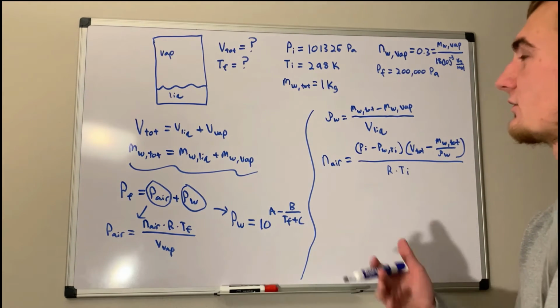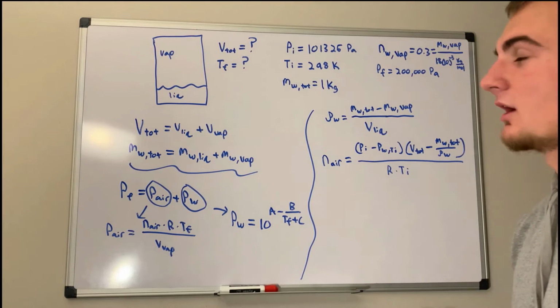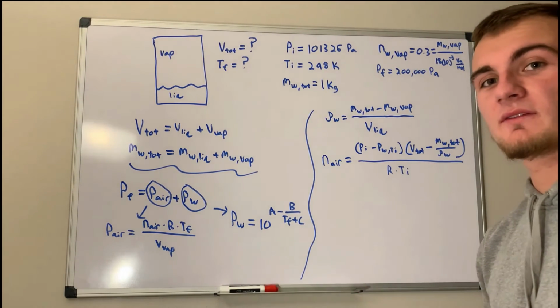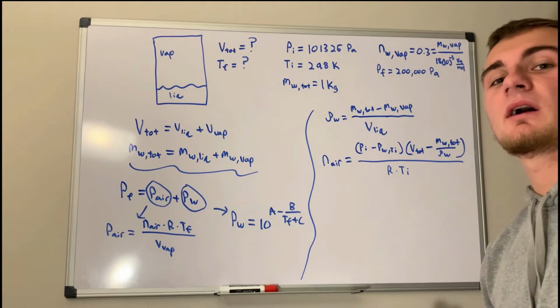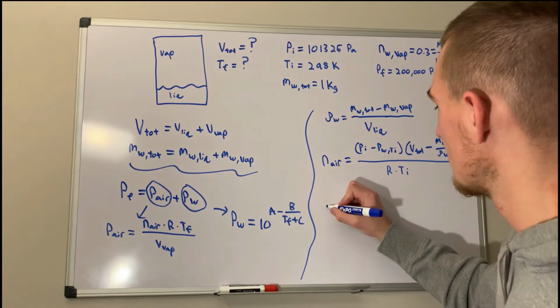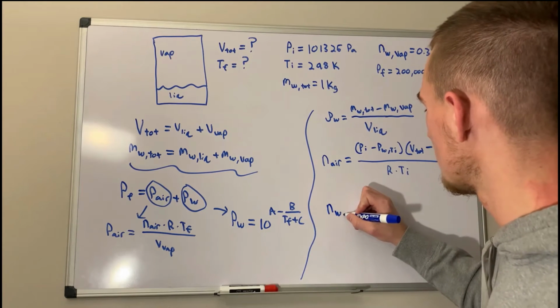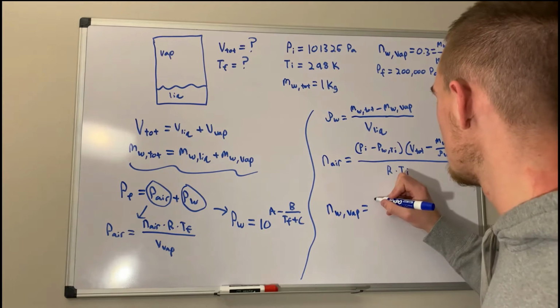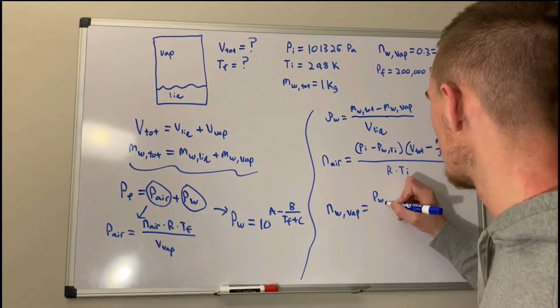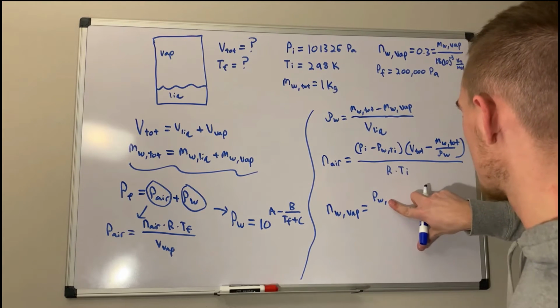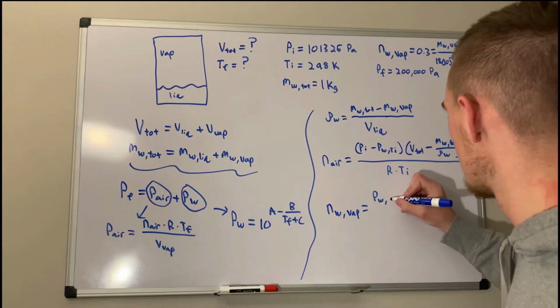Now the last relationship that I will show here involves this number of moles of water in the vapor phase. Now we can actually apply the ideal gas law here as well. So I have the number of moles of water in the vapor phase. This will equal the pressure of water at the final temperature. We're at capital T there, so we're not confused.